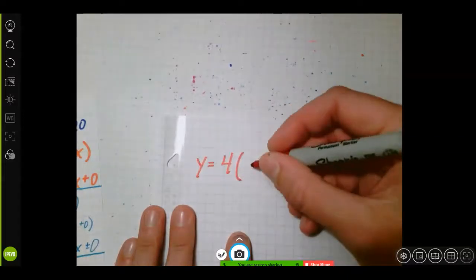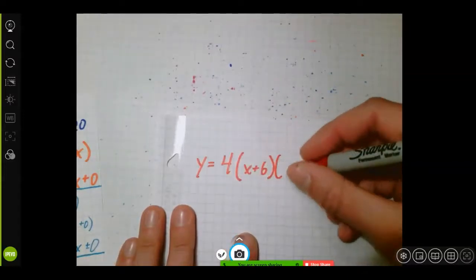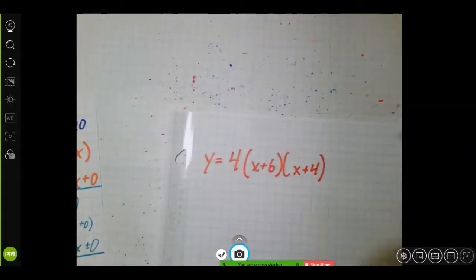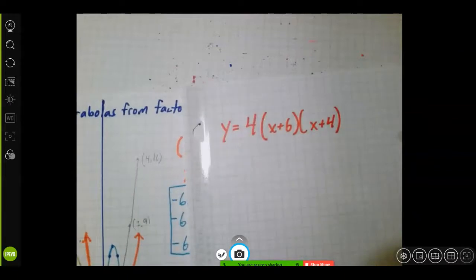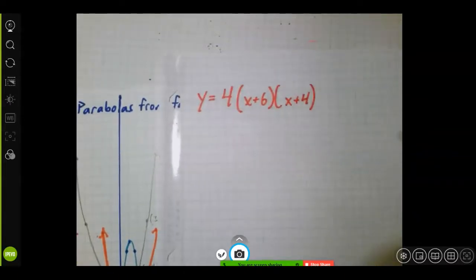Quantity x plus 6, quantity x plus 4. Graph that on your own. So you're going to want to find the zeros, find the center, right, which actually we call the vertex. So if you want to start calling it the vertex, we call it the vertex. And then probably find a couple more points.